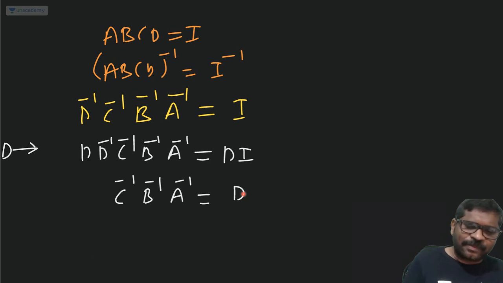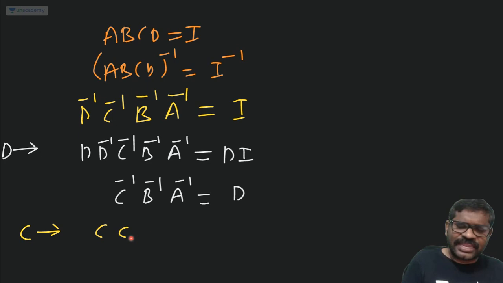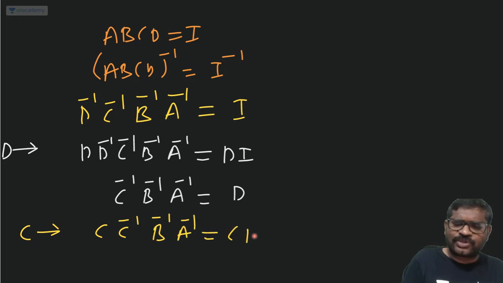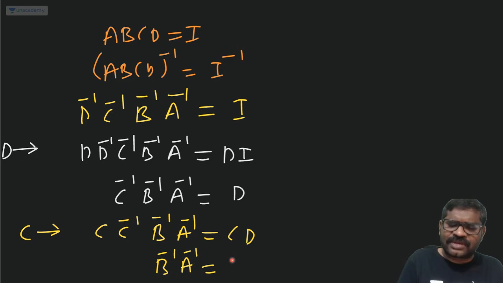Next, multiply with C from the left. C into C inverse, B inverse, A inverse equals CD. C into C inverse is I, so B inverse, A inverse equals CD.